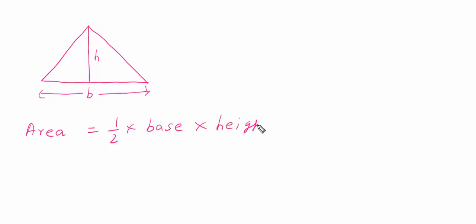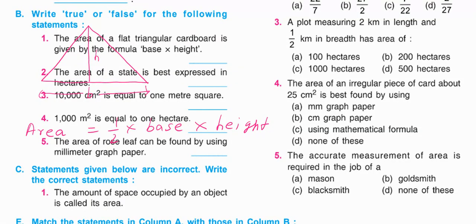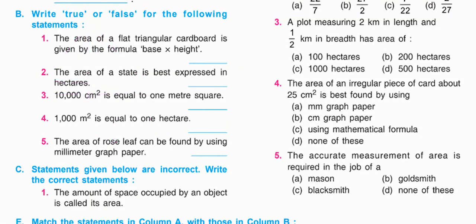So, this is the correct formula, and in the question they are saying that only base into height. It should be half also there. So it is false. It is not true. Now, the area of a state is best expressed in hectares. No, children. Recently, I told you the area of a state is best expressed in kilometer square.